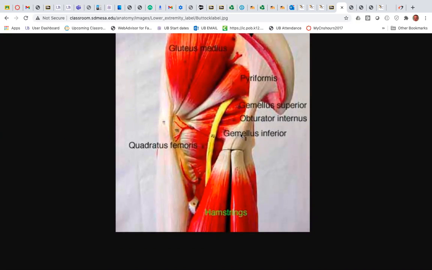So this is lateral, this is medial. So this would have to be the biceps femoris. The superficial one, semitendinosus. And if we moved further down and deeper, you could then see the semimembranosus.